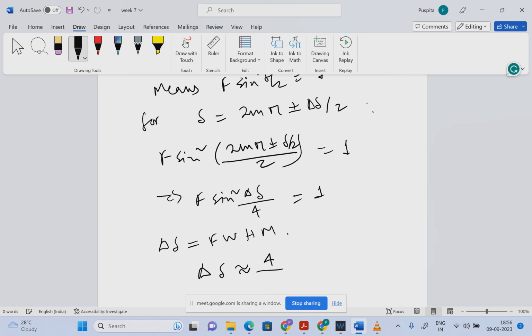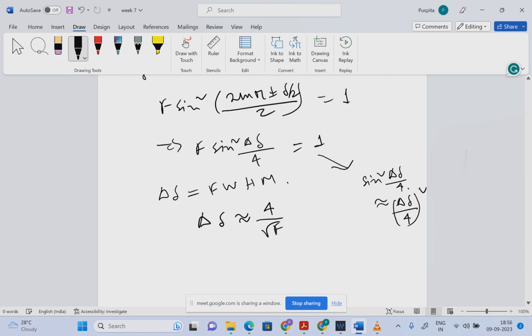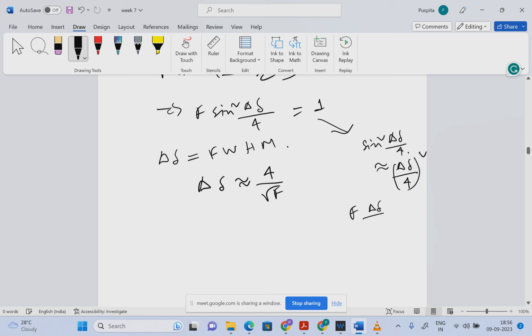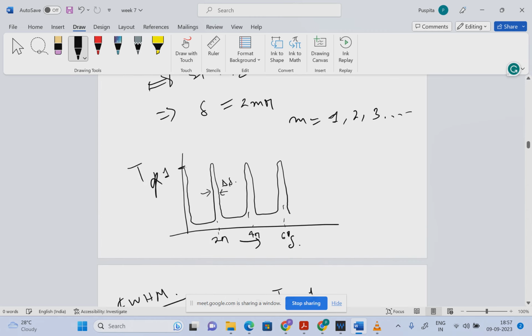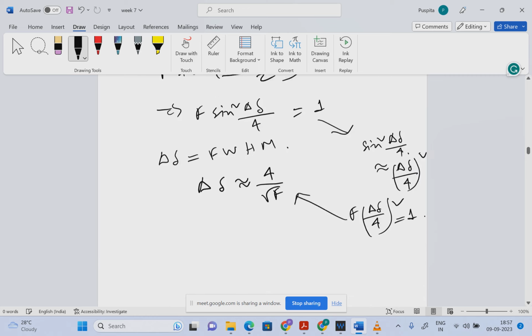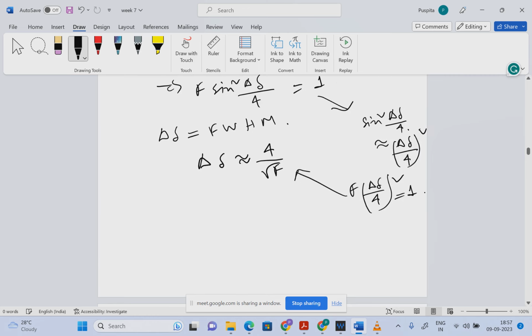Delta is almost 4 by root F. The delta is so small that sin square delta by 4 can be written as delta by 4 whole square. If delta by 4 whole square is equal to 1, from that this comes. Delta lambda is 4 by root F. F is the fineness coefficient.